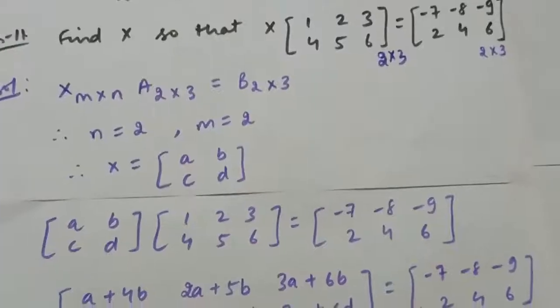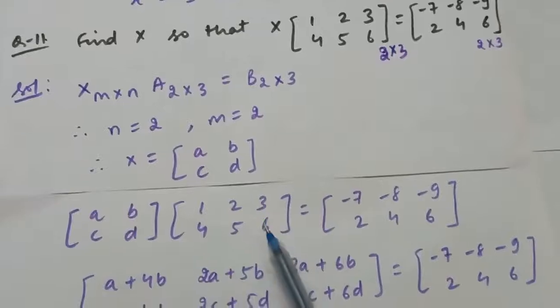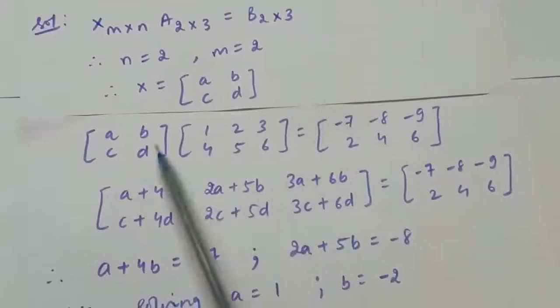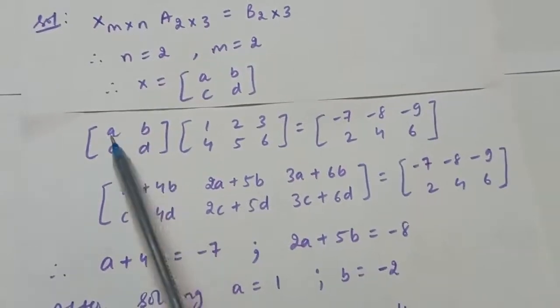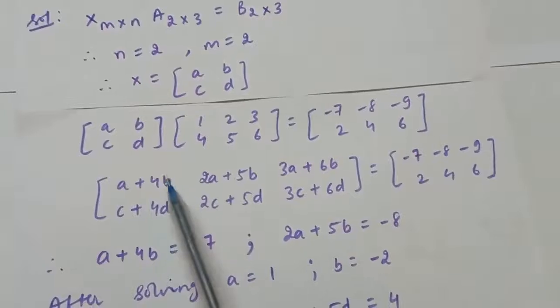So in place of x, writing this matrix which we have considered as x into the given matrix equal to this. Find this product, it will be this. Multiply the first row with the first column to get first element.